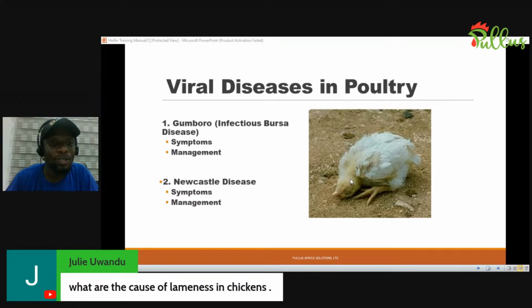And most times you can tackle that when you give them calcium supplement either in their feed or in their water. And most times also you can prevent that if you discover that your birds are growing very fast. Birds that grow very fast have high metabolic demand, which means the demand they have for trace elements, like calcium, is higher than expected because they are growing faster than their age.